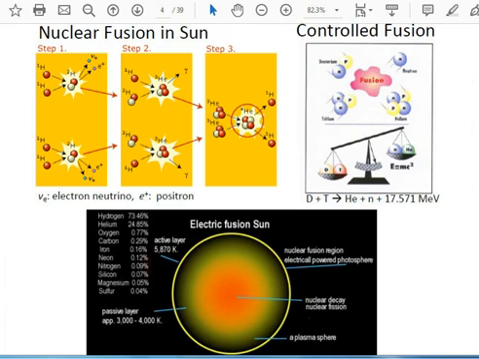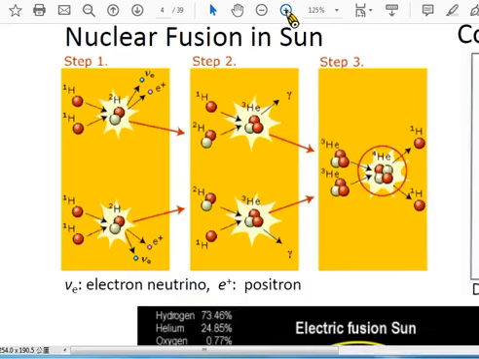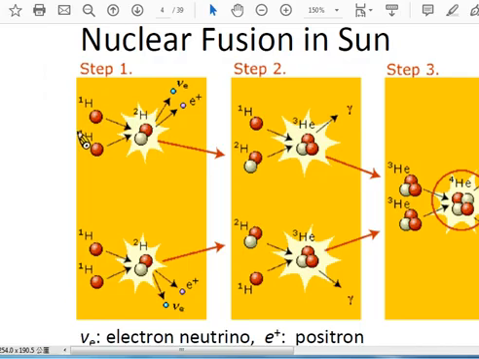So for example, when a proton and a proton collide, they might form a deuterium. The atomic weight of the deuterium is 2, and the atomic weight of a proton is 1.